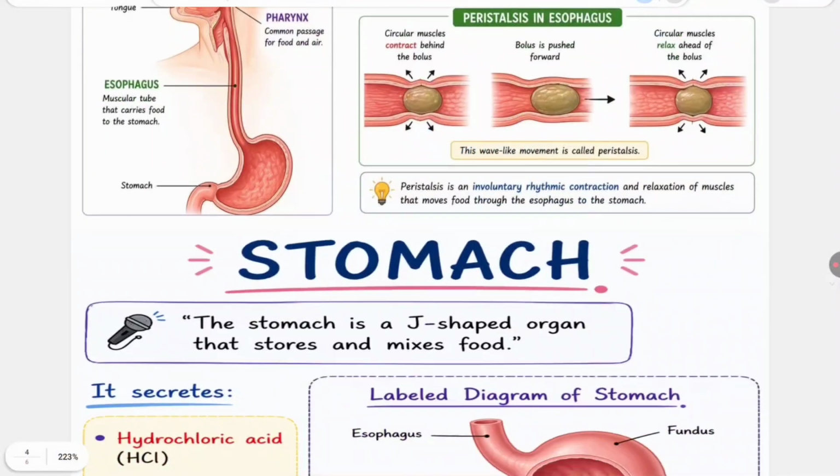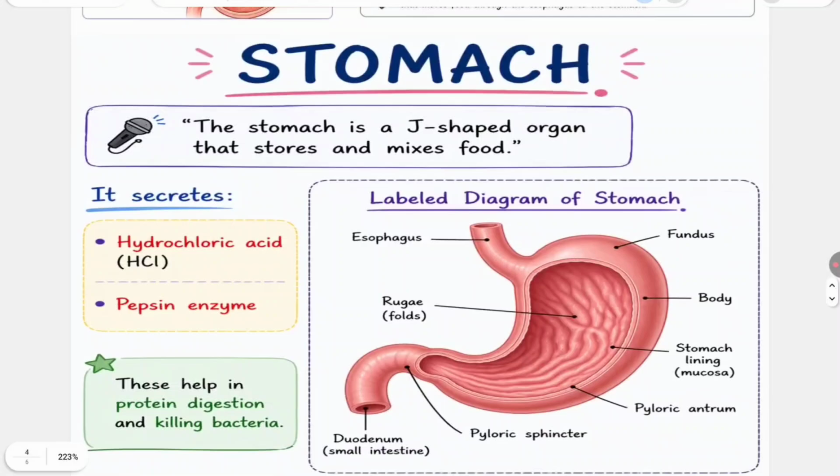Next and last one I will discuss, that is the stomach. The stomach is the J-shaped organ that stores and mixes the food. After the esophagus, food comes to the stomach, and here the storing takes place. Mixing of the food also happens in the stomach only.